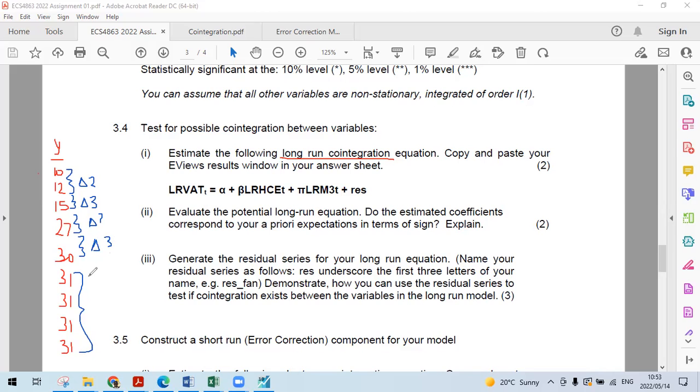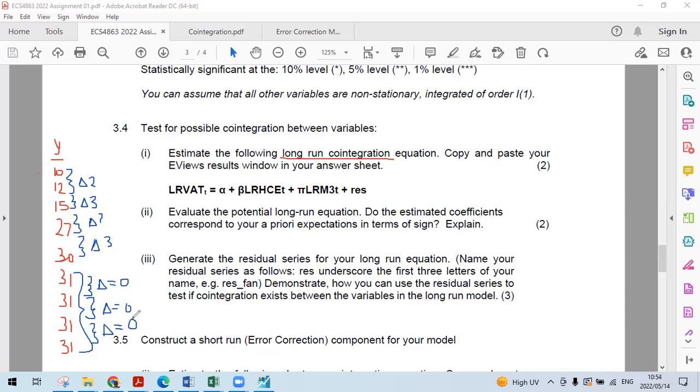But from here to this one, please listen well. The change is equal to what? 0, there's no change there. Even here, there's no change. The moment you see this happening, where the change is 0, you should know that you are now in the long run, right? Are we together there?